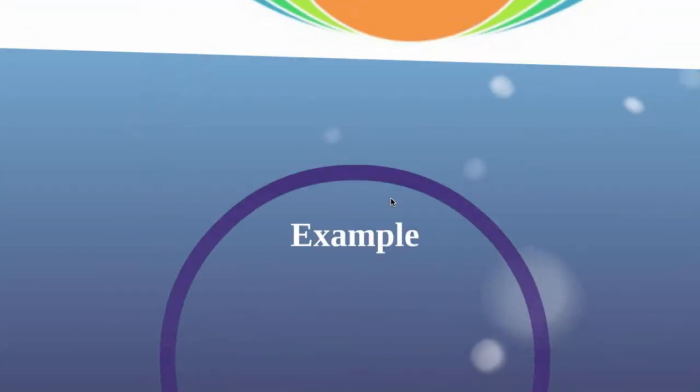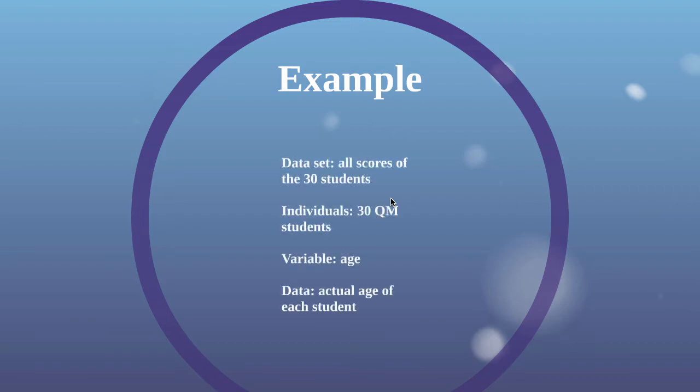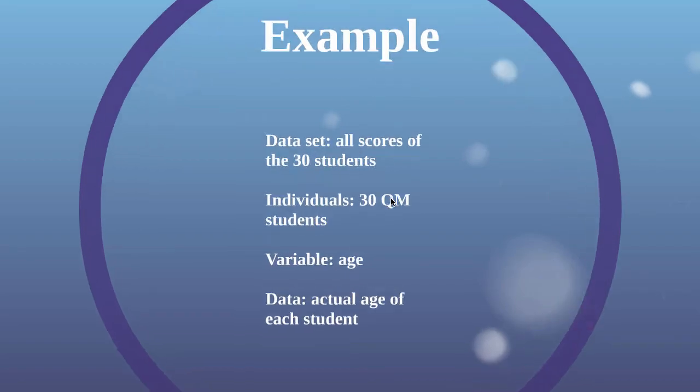So the participant will be measured on a variable, and the score that the participant reports or gets is what the raw data becomes. If we're looking at a specific example to help us understand, let's say we're doing a very simplistic project and we are interested in looking at the age of students in a QM class. So the data set itself will be all the participants and their scores on the variables.